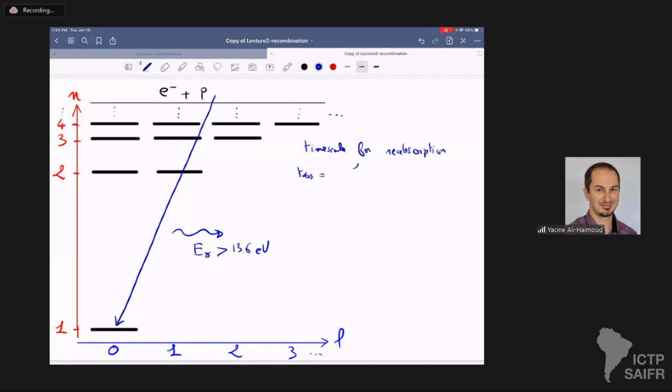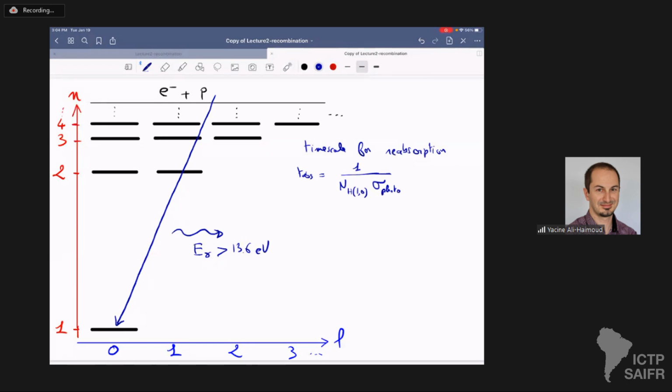So this is going to be 1 over the number density of hydrogen in the ground state times the photoionization cross-section. So this is just 1 over the rate of photoionizations.